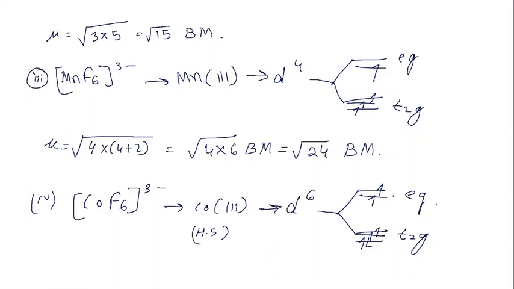So it's having 4 unpaired electrons, 1, 2, 3, 4. So it will be root of 4 into 4 plus 2, root 24.